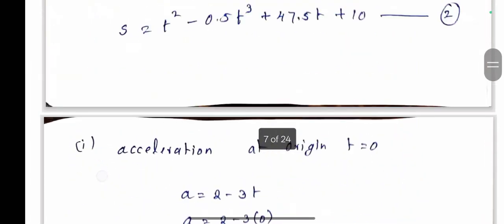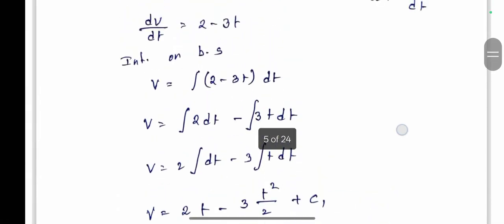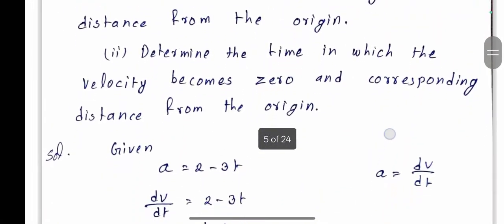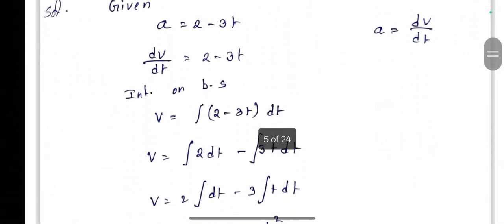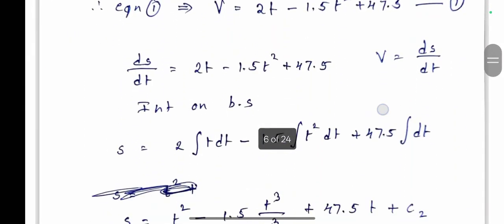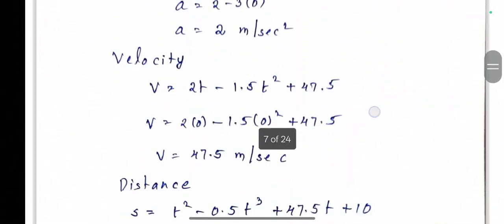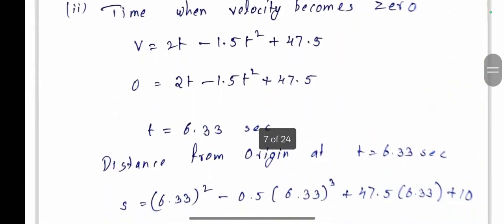Next, what they have asked in the second condition: determine the time at which the velocity becomes 0. So at what time, t equal to 12 or 15 or 16, 17, does the velocity become 0? For that we need to take the velocity equation, V is equal to 2t minus 1.5 t square plus 47.5.